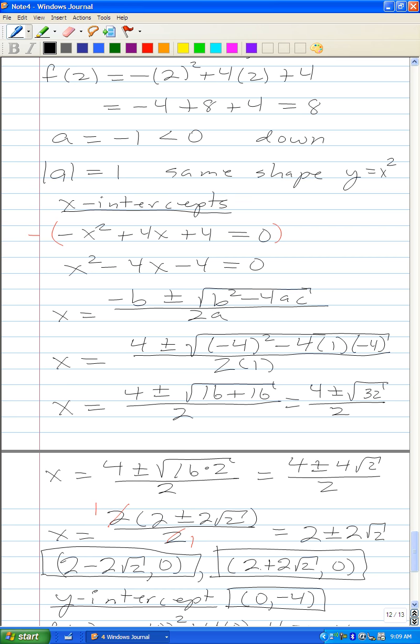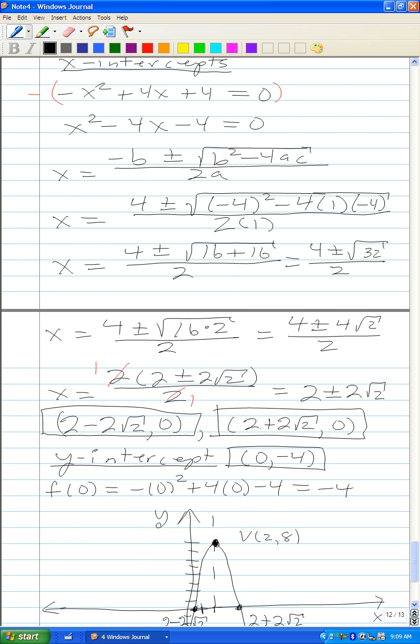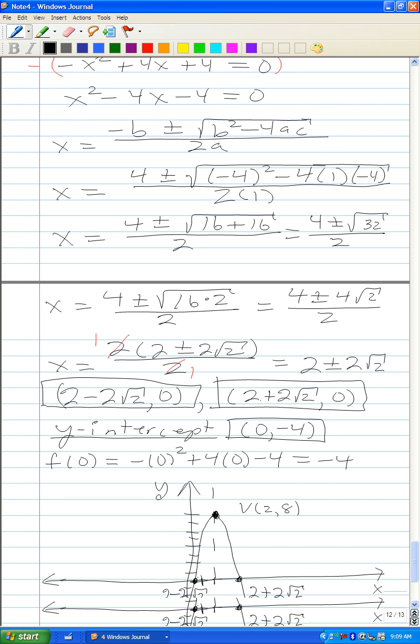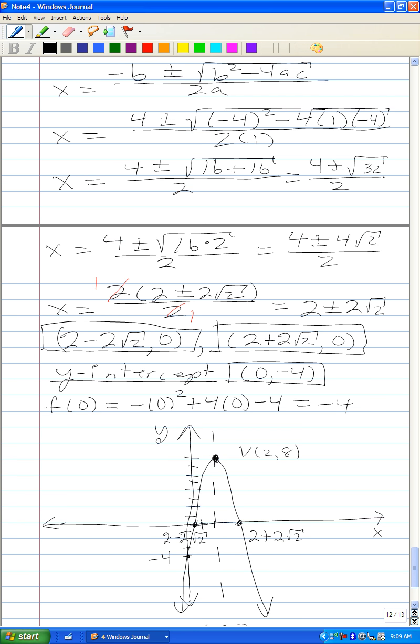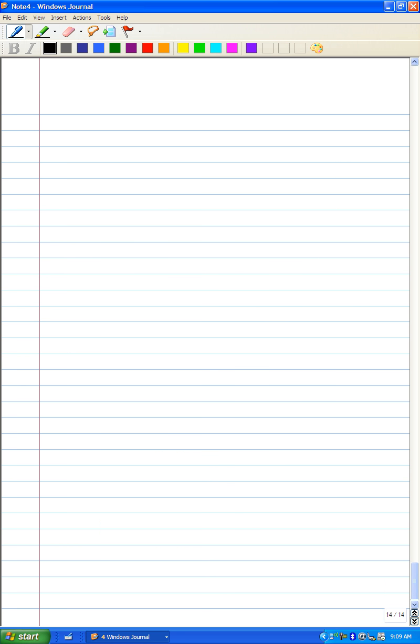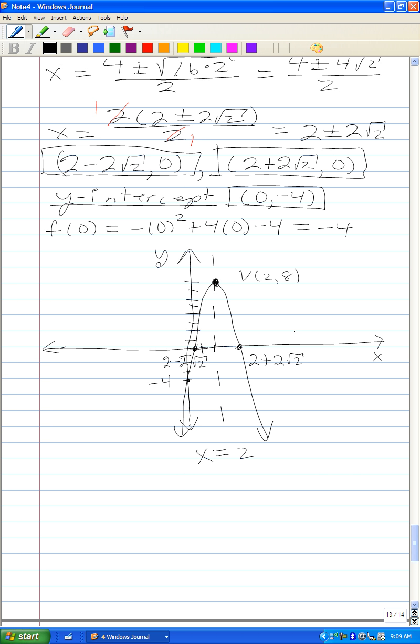Two. 2 rad 2. That looks negative. Okay, I don't know why, but, well, I don't see the error offhand.